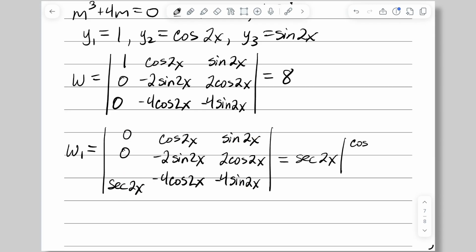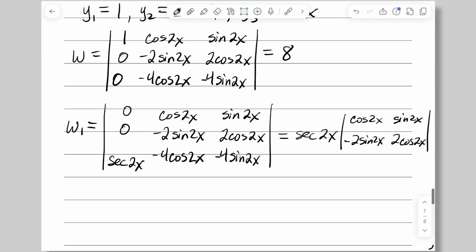And so we've got cosine 2x, sine 2x is the first row, negative 2 sine 2x, and then 2 cosine 2x is the second row. That looks to me like it's going to be 2 cosine squared 2x plus 2 sine squared 2x, with the result that this is 2 times the secant of 2x.